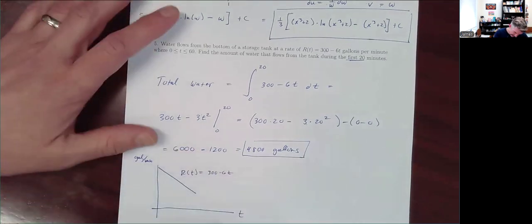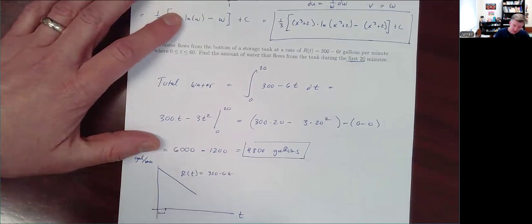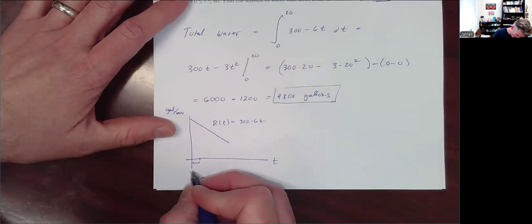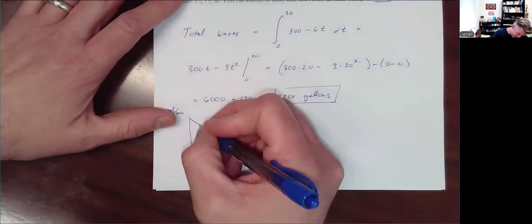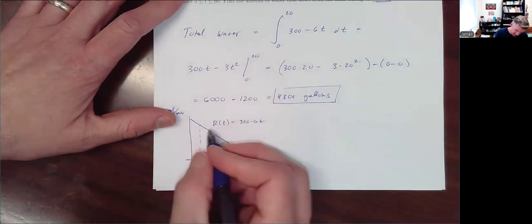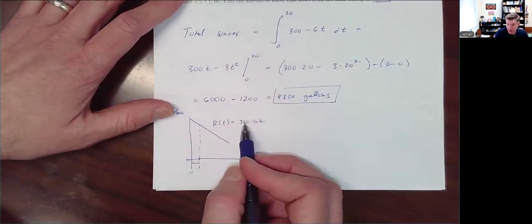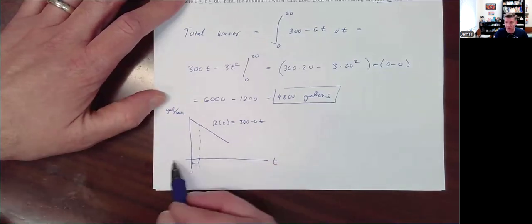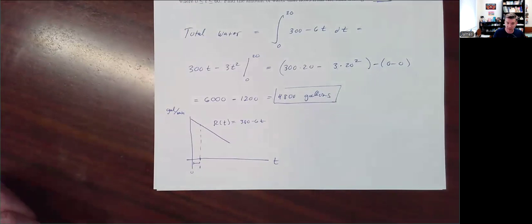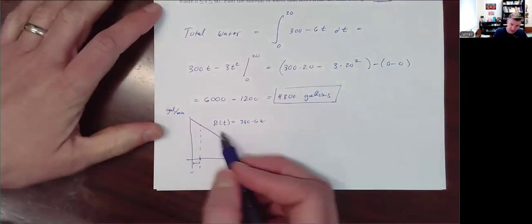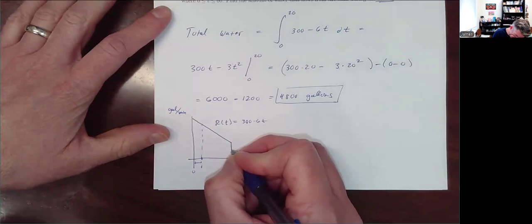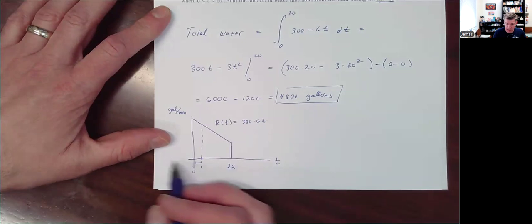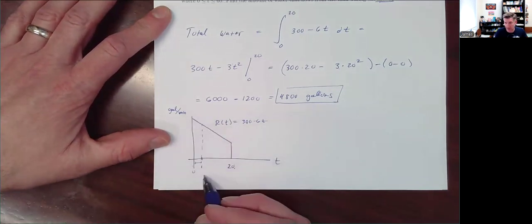If you look at some little slice of time, over the first minute, from 0 to 1, we can estimate the rate of water flowing out to be 300, essentially. So it's 300 gallons per minute times 1 minute, so in that first interval approximately 300 gallons flowed out. In the next interval, it's going to be a little bit less. What we're really doing is finding the area under this curve from 0 to 20, because we're multiplying time in minutes by gallons per minute to give us gallons.